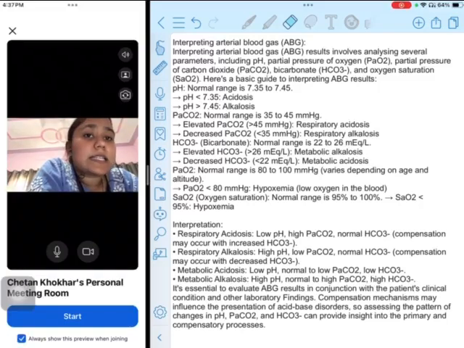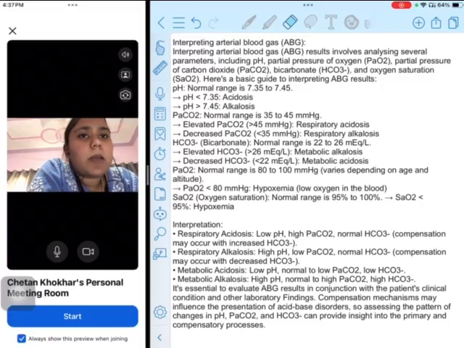Okay, the next step of our ABG interpretation is looking at the bicarbonate level. We know that the normal value of bicarbonate is 22 to 28. In the ABG which I gave you, I also mentioned that the bicarbonate level is 26.